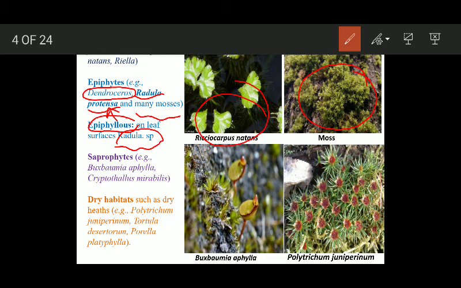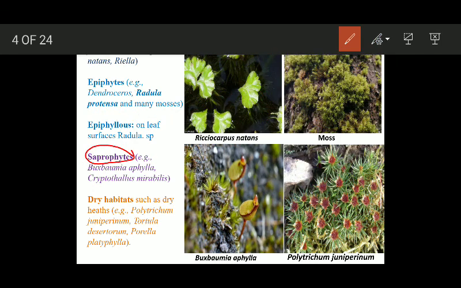And then we have saprophytes. These are those bryophytes which prefer to grow on dead decaying organic matter. And the example is Buxbaumia aphylla and Cryptothallus mirabilis. And then dry habitats. Those bryophytes which can grow on dry habitats, like some bryophytes have been found to grow on dry heaths.